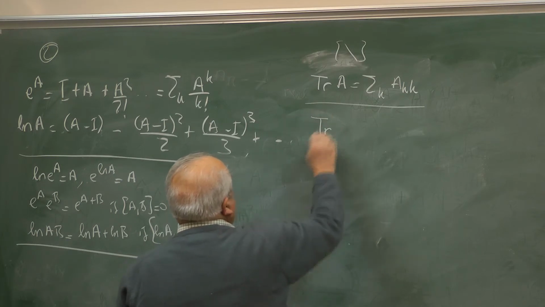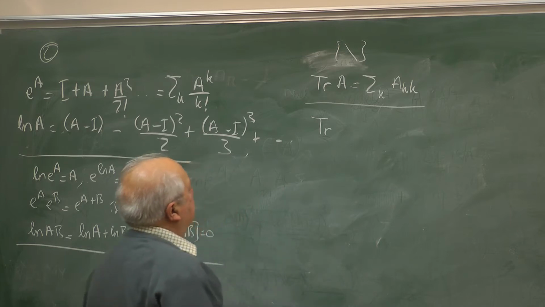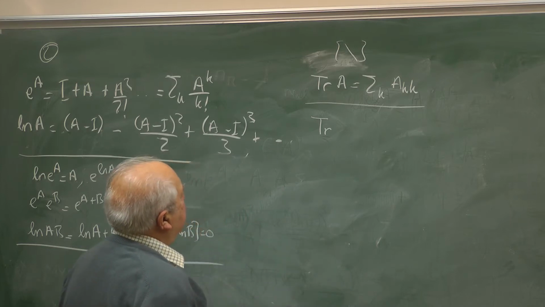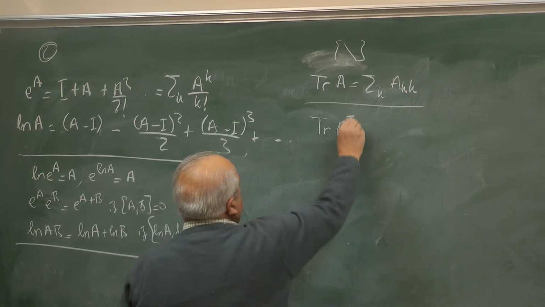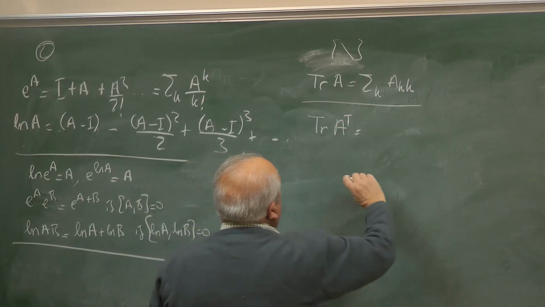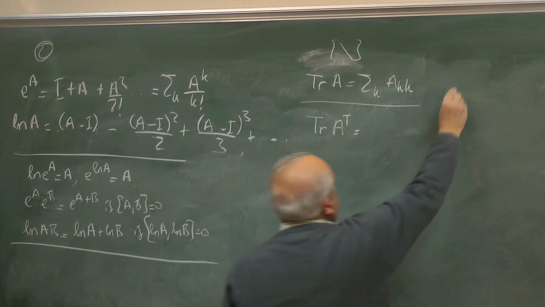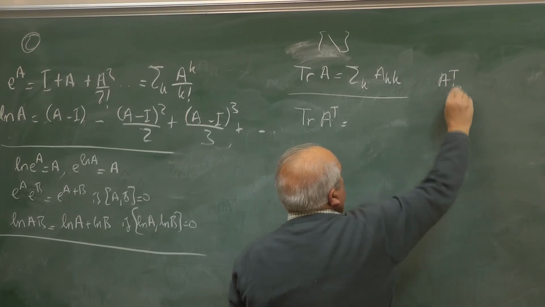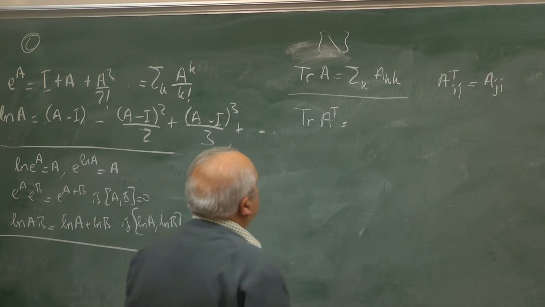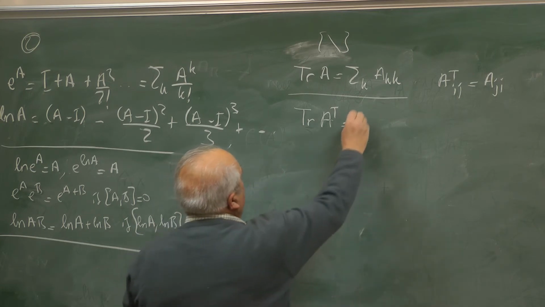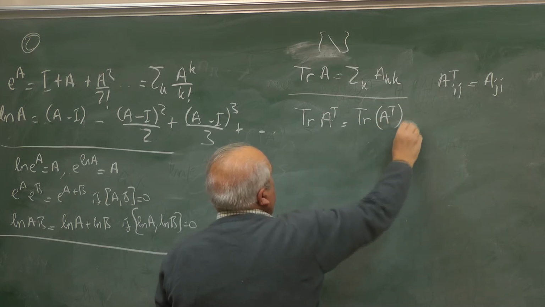Trace A is a number. It's a numerical value associated with that matrix. For example, trace A transpose. A transpose ij is A_ji by definition. We are taking trace A transpose KK.